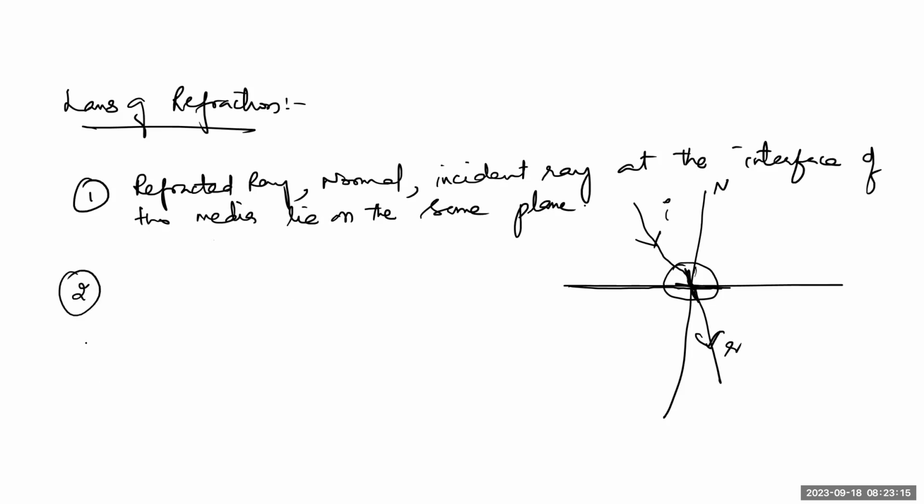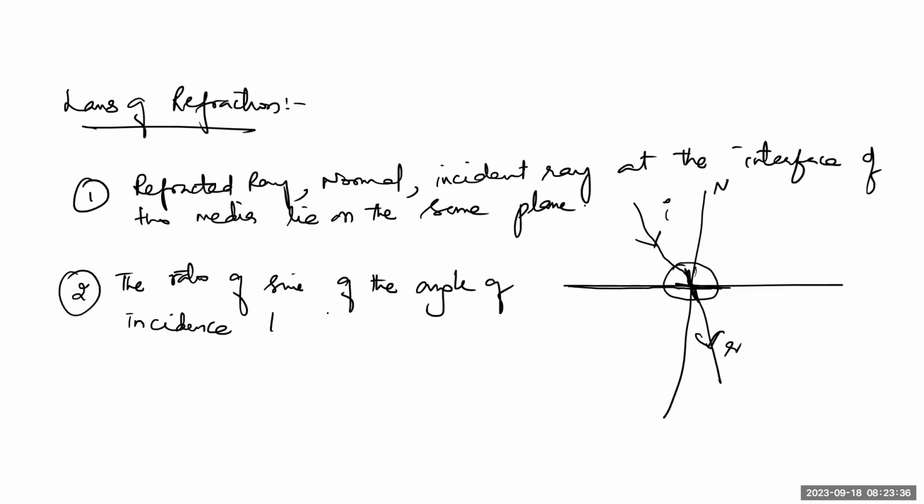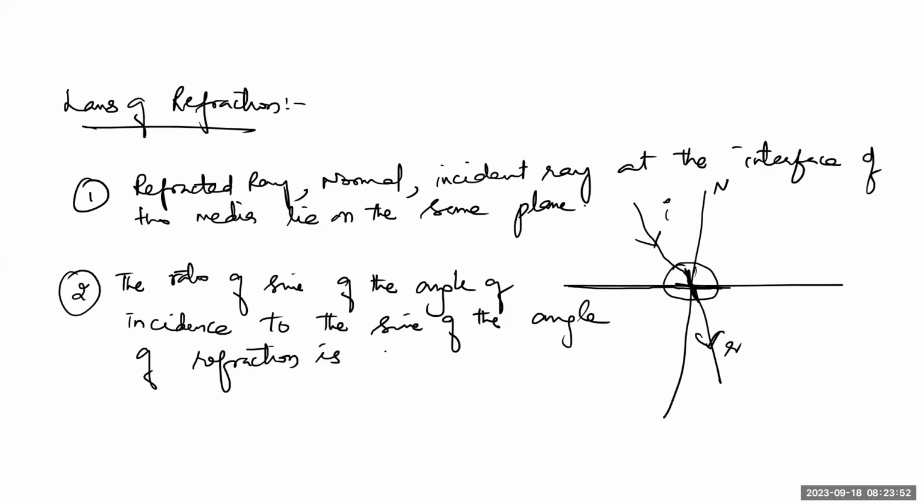Okay, then the second one. What is the second one? Second law, we have seen that the ratio of sine of the angle of incidence to the sine of the angle of refraction is constant.